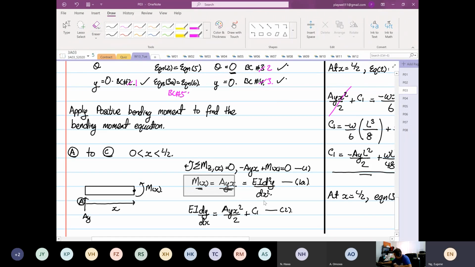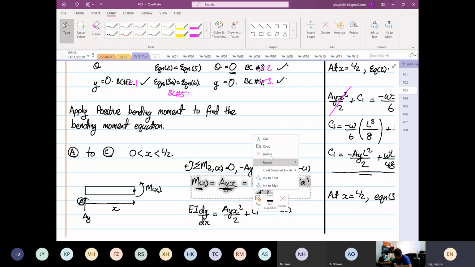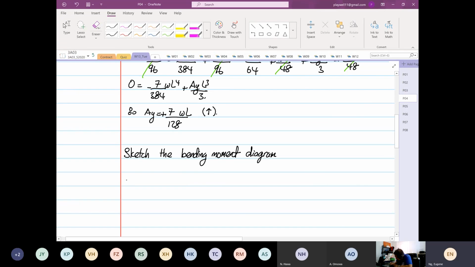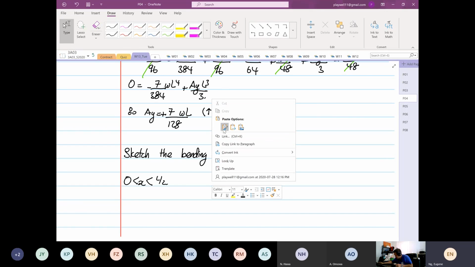So you look at this equation over here. I'm going to copy the equation. I'm going to put the limit 0 to L over 2, our bending moment equation equal to this.